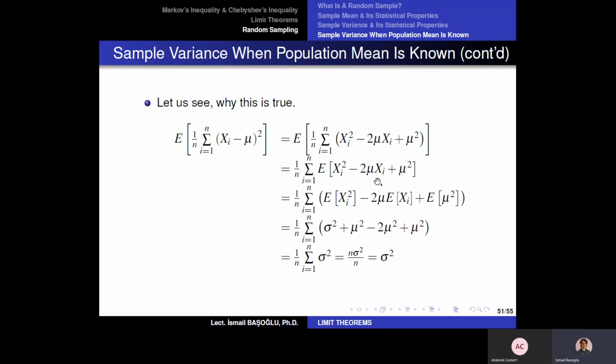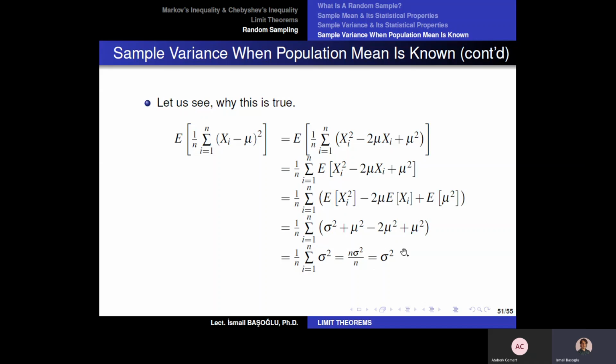Once everything cancels out, I'm not going to explain the details of this equation, you should be able to understand by now. In the end, you are going to see again the expected value of s square if you know the parent population mean mu, and if you divide this sum of squared deviations by n, again it is going to be unbiased.